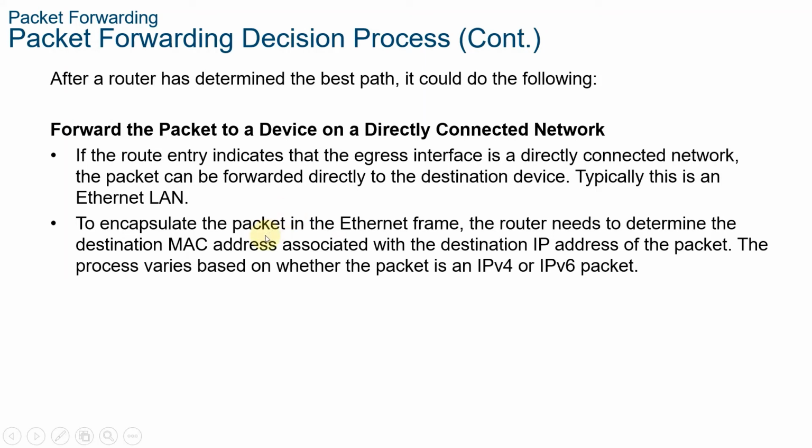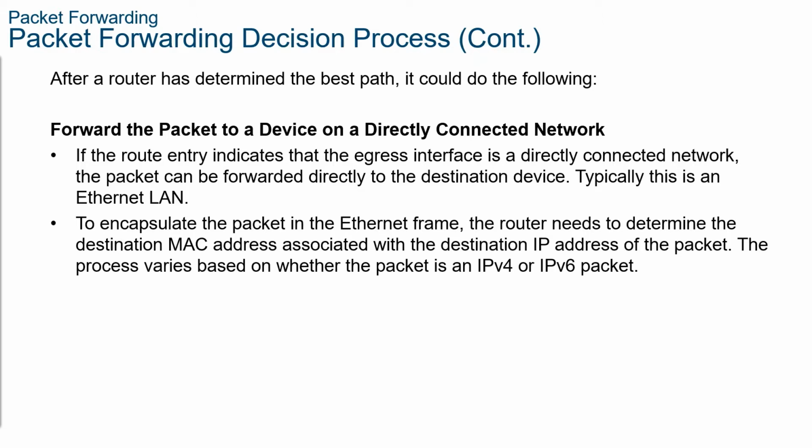Forwarding the packet to a device on a directly connected network. If the route entry indicates that the egress interface is a directly connected network, this means that the destination IP address of the packet belongs to a device on the directly connected network. Therefore, the packet can be forwarded directly to the destination device.